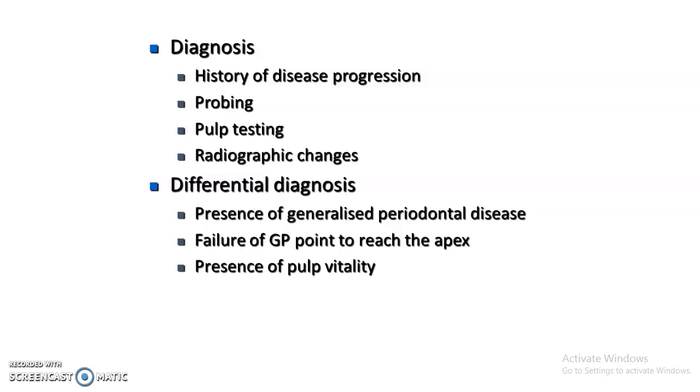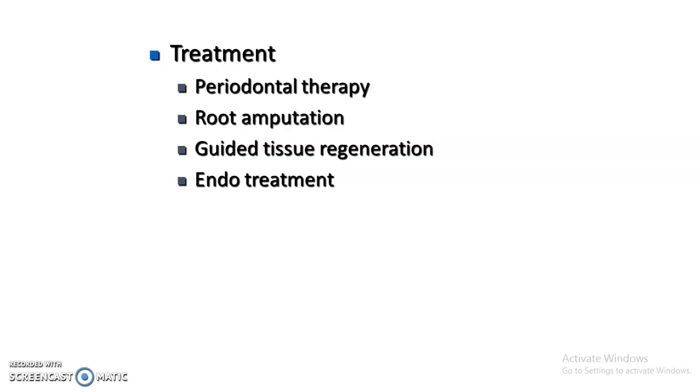And the diagnosis: history of disease progression, probing, pulp testing, and radiographic changes. And the differential diagnosis: presence of generalized periodontal disease, failure of the GP point to reach the apex, presence of pulp vitality. Treatment: periodontal therapy, root amputation, guided tissue regeneration, and endodontic therapy.